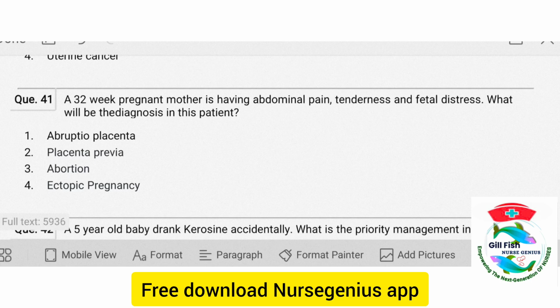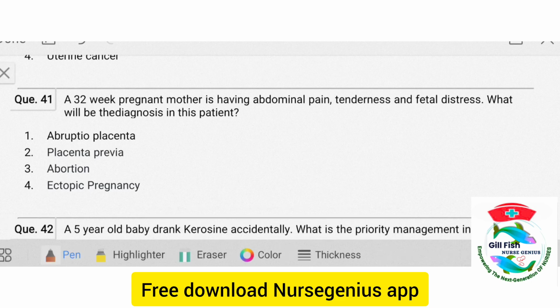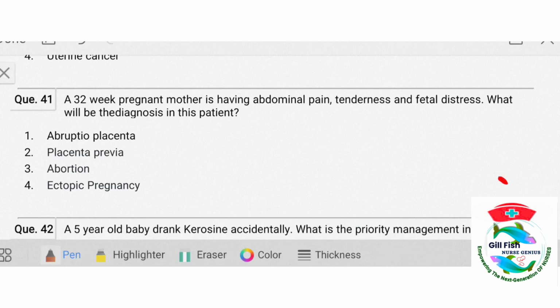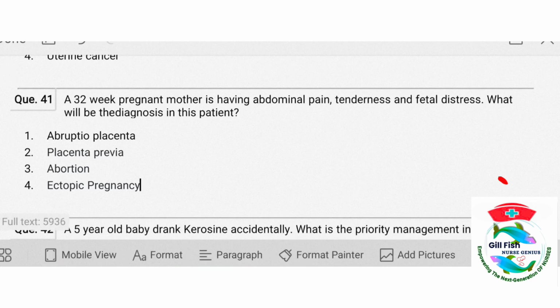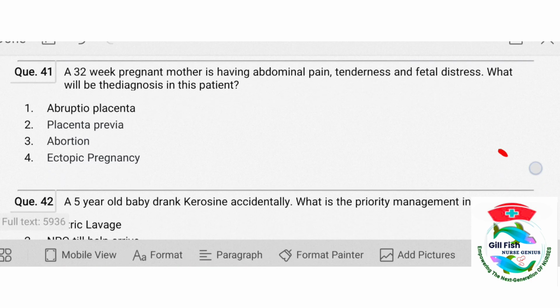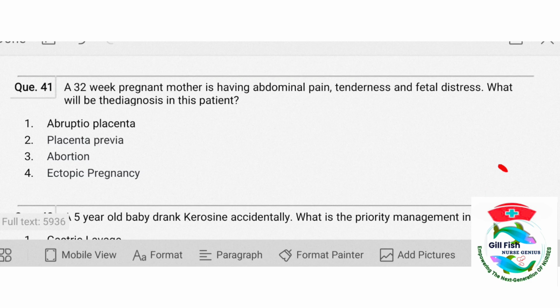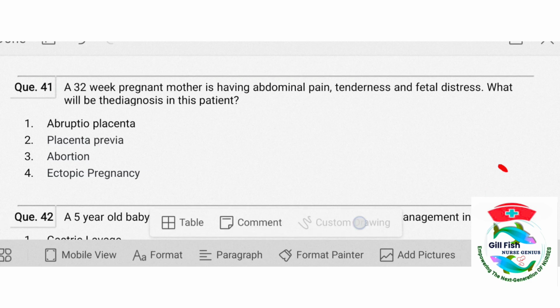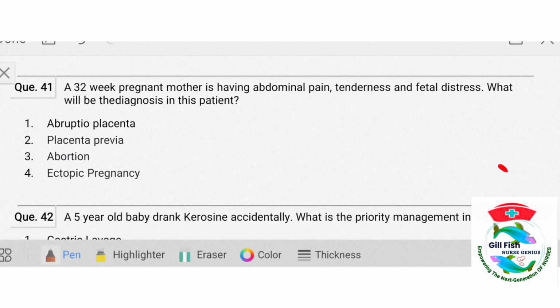Next question. A 32-week pregnant mother is having abdominal pain, tenderness and fetal distress. What will be the diagnosis? Option 1 abruptio placenta, option 2 placenta previa, option 3 abortion, option 4 ectopic pregnancy.